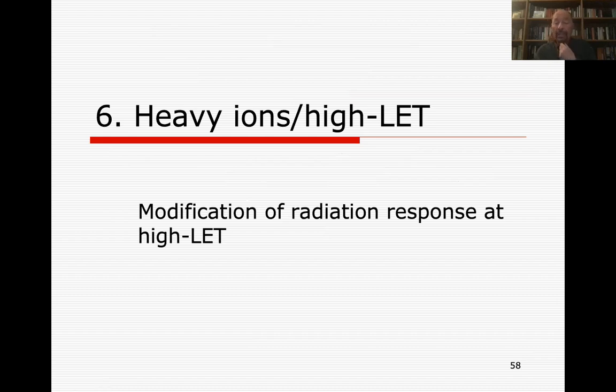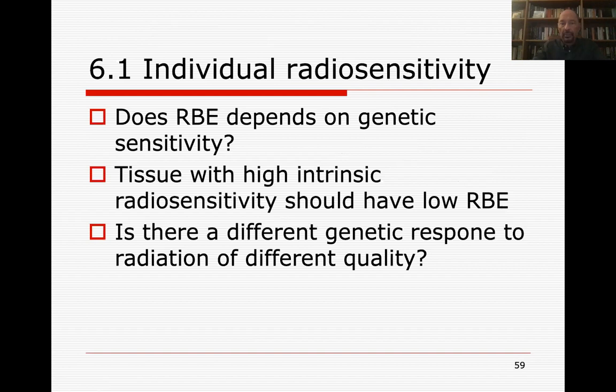Okay, in the final part of the lecture, we will now see how all the effects that you have seen before are changed if you use heavy ions, so higher LET in general. So first, the individual radiosensitivity. Now the question is, does the RBE depend on genetic sensitivity or not?